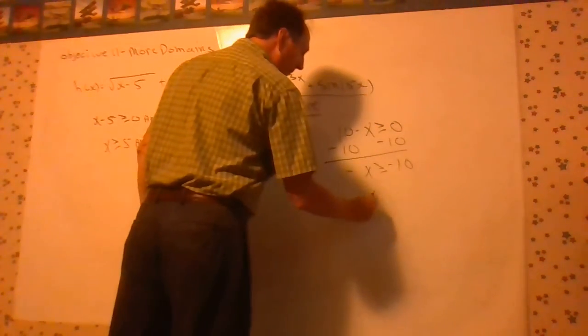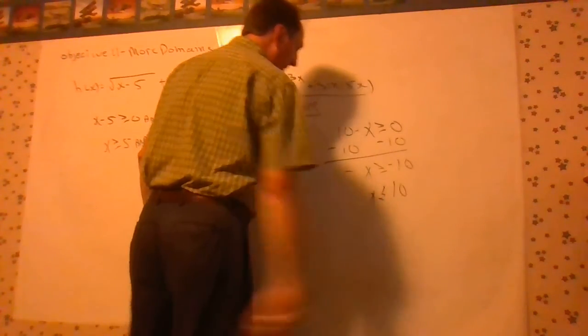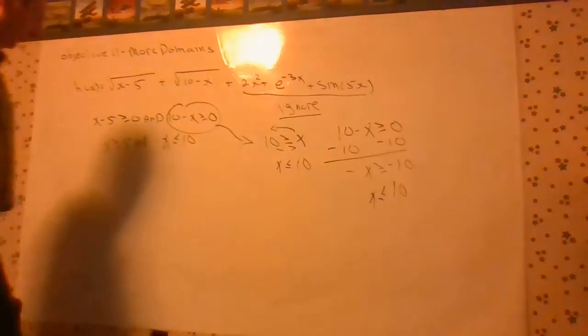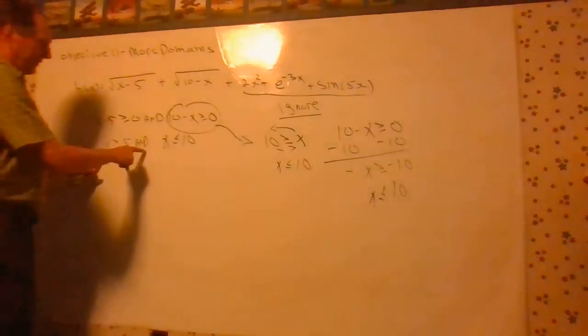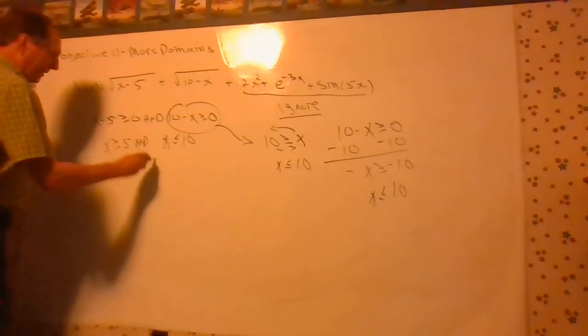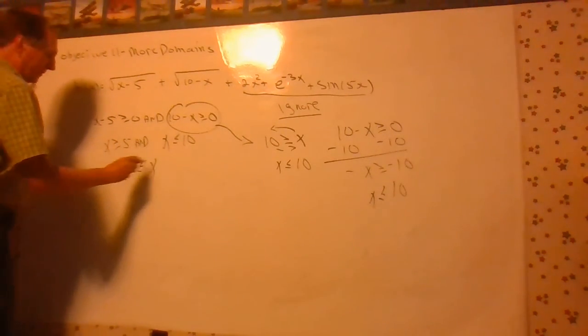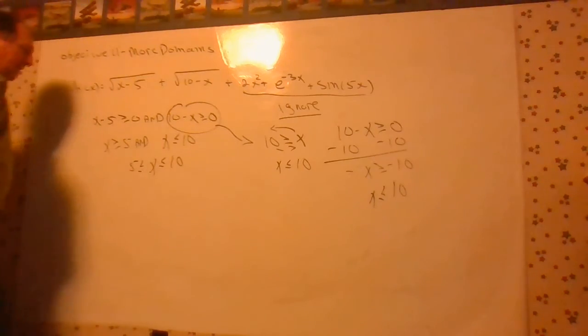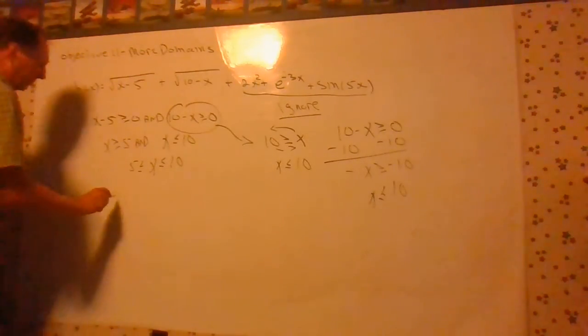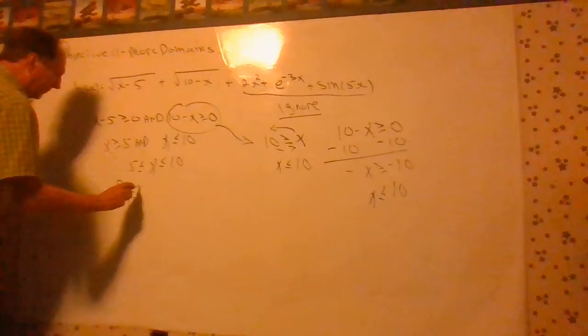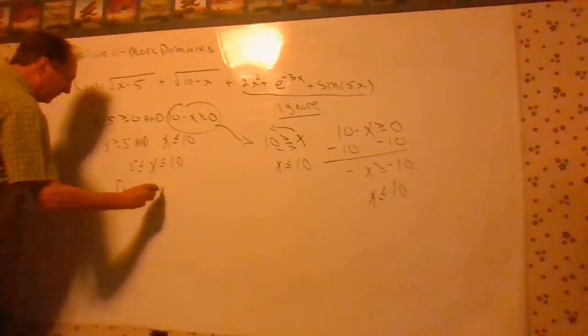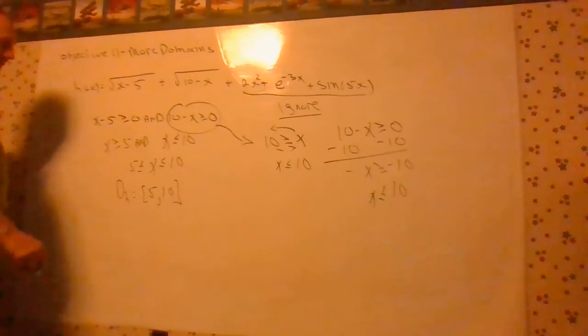Multiply by minus 1, switch the inequality direction, and we get the same thing. Well, what does greater than or equal to 5 and less than or equal to 10 look like? That's really this. And the domain of h is really the closed interval from 5 to 10.